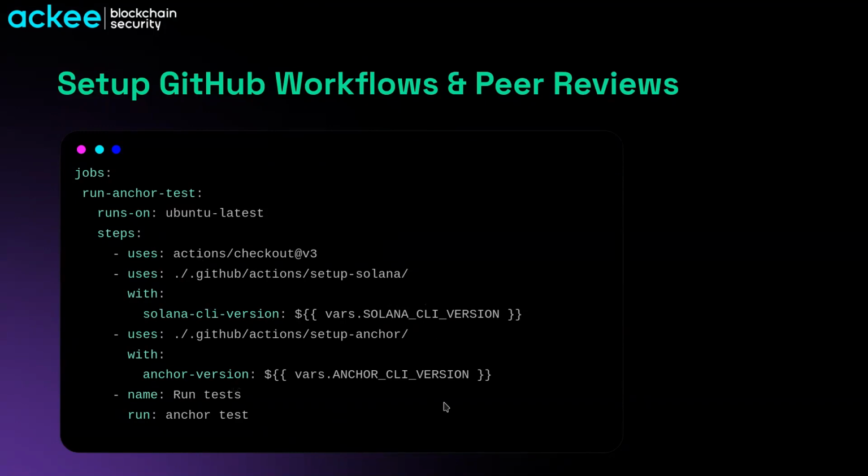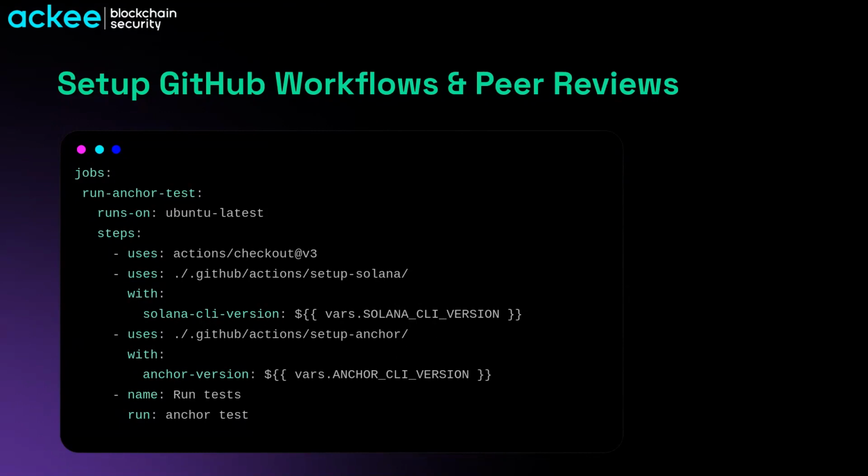This is very good for setting up actions, for example, on pull requests, so that the pull request has to pass some checks. One of them should be that the Anchor tests pass. This is one point, and then of course peer reviews should be done also. If you are the only developer, then it's not feasible.